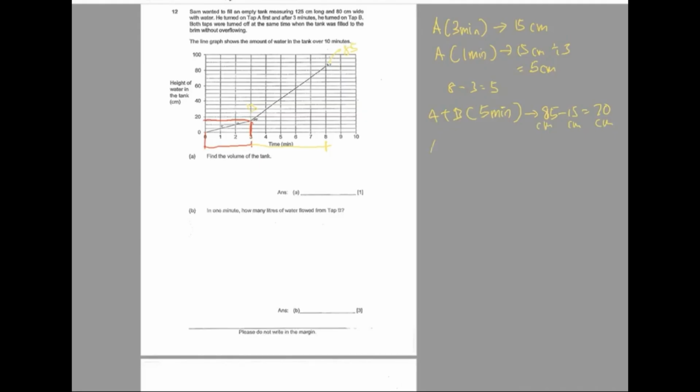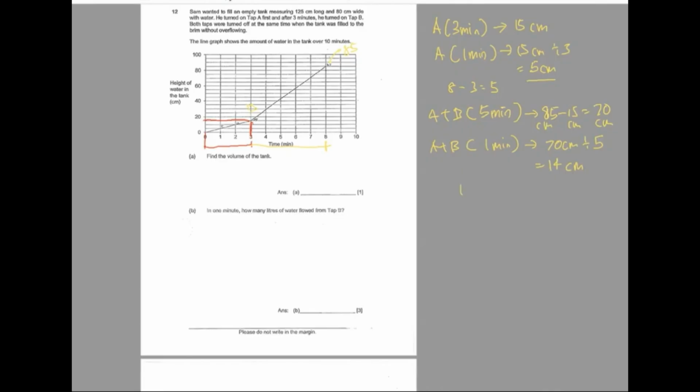In 1 minute, always do this. This is a standard thing you do. For 1 minute, you get a meter mark. 70 centimeter divided by 5, you get 14. It's 14 centimeter, not 14 minutes. So every minute, A and B raise the water level by 14 centimeter. We know earlier that every minute, A raises the water by 5 centimeter.